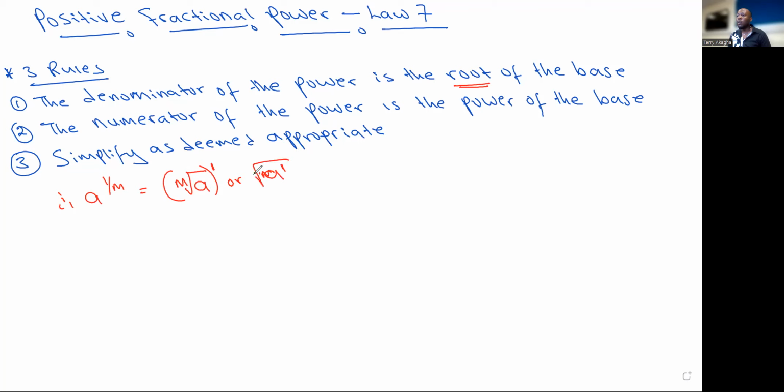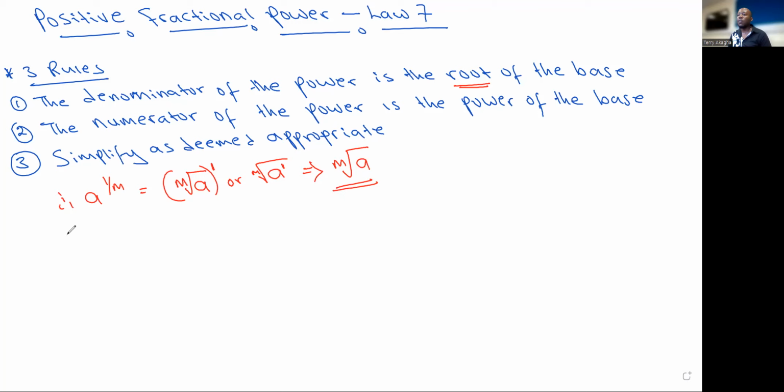Let me write this better so it's a bit clearer. Either you say this or you say a raised to power 1, all of them to the mth root. Are you seeing it? Because anything raised to power 1 is the same thing, we always refer to this as the mth root of a. Are you seeing it?